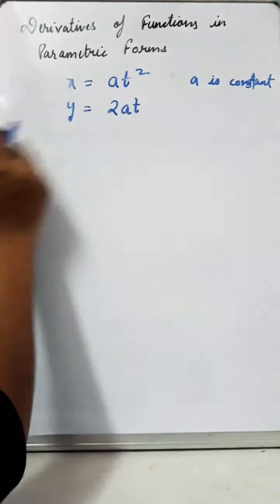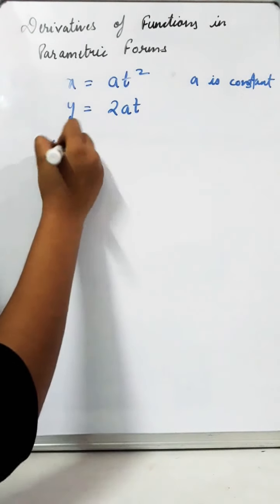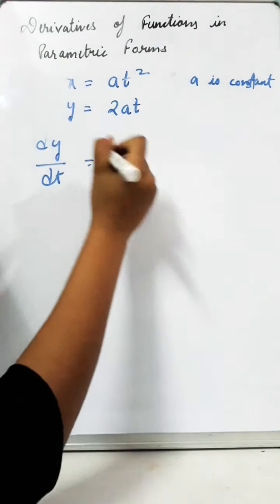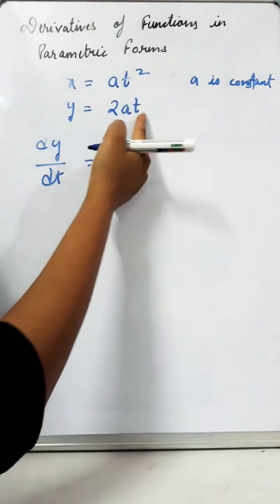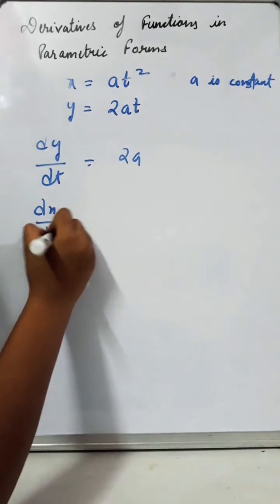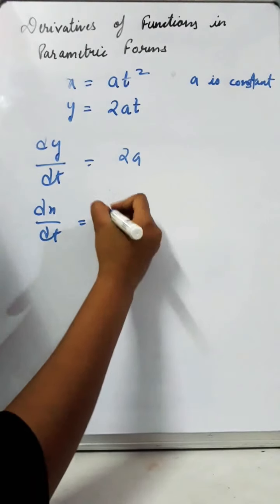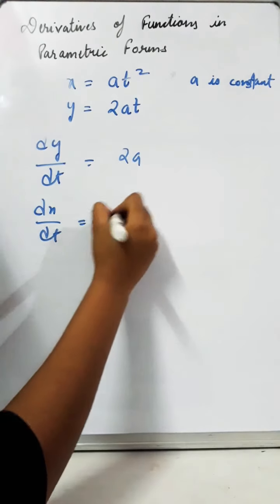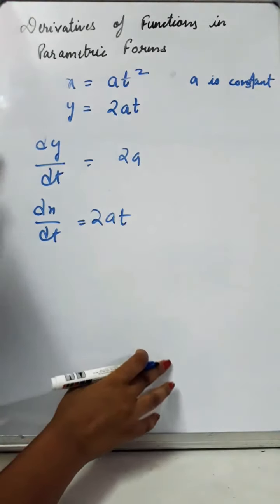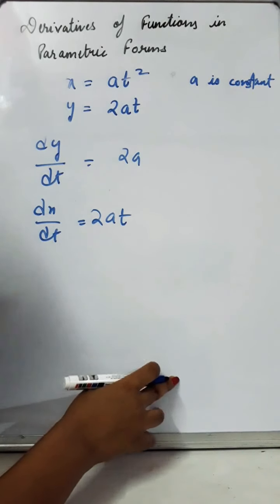So first you will find dy dt, which is 2a, and dx dt, which is a times 2t, since a is constant and the derivative of t square is 2t. So you individually got dy dt and dx dt.